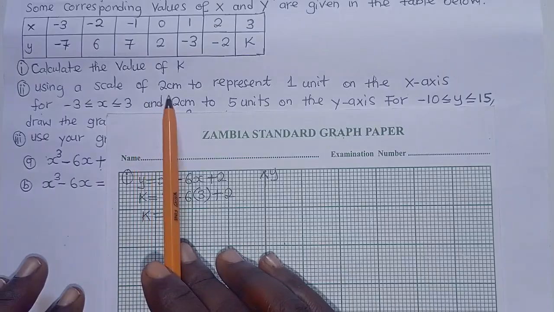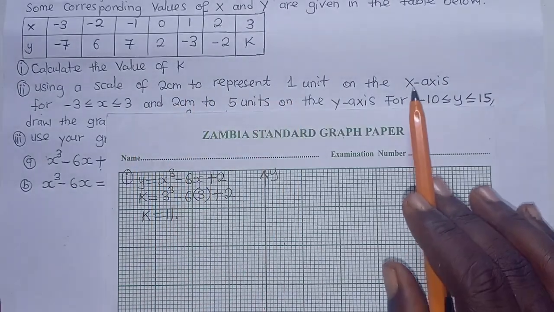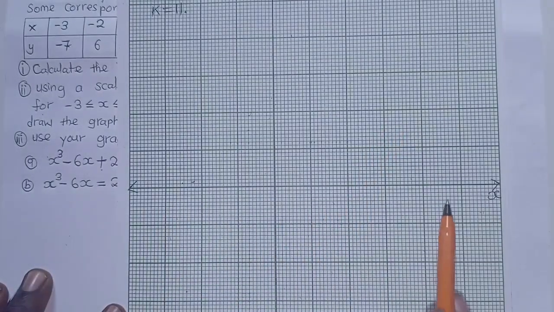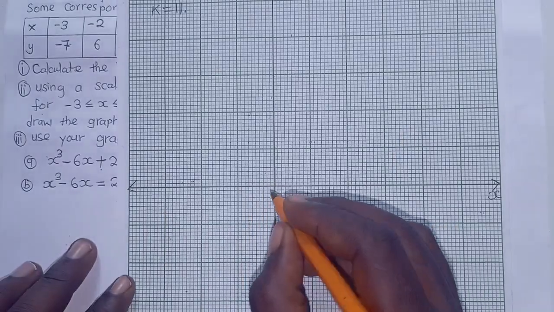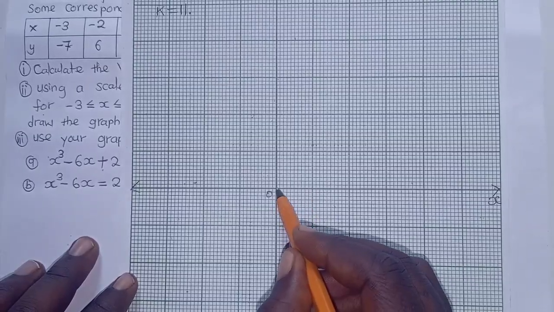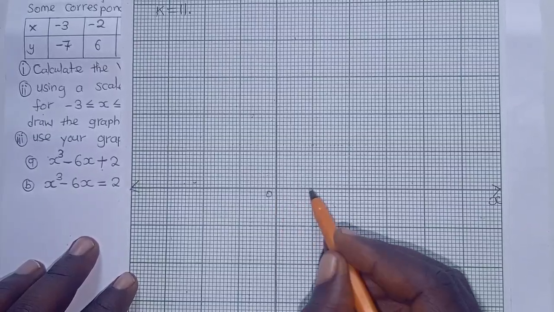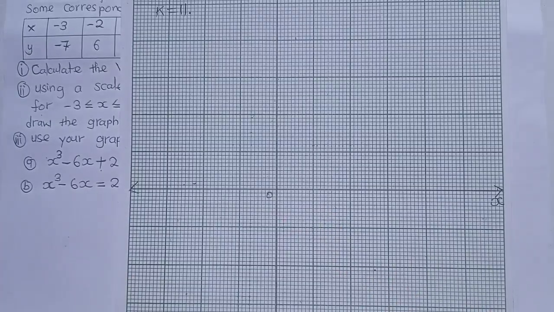Using a scale of 2 centimeters to represent 1 unit on the x-axis. This is the x-axis. So 2 centimeters to represent 1 unit on the x-axis. The 0 is here. So this box that you're able to see from here to there, this is 2 centimeters. 2 centimeters represent 1 unit.